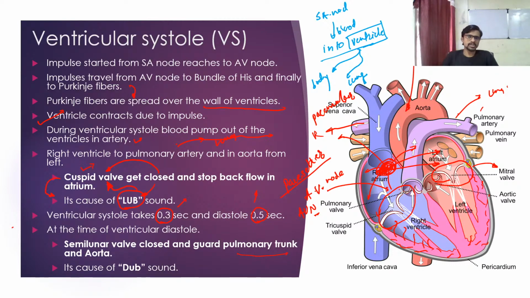These semilunar valves are always in the closed form. When the ventricle gets contracted, blood comes out of the ventricle by these two pipes, and the valve which is always closed automatically opens, and the opening of the valve makes a sound. We call it a dub. Okay, so this is how the lub and dub sounds come. The lub is because the cuspid valve gets closed, and the dub is because the semilunar valve gets open.